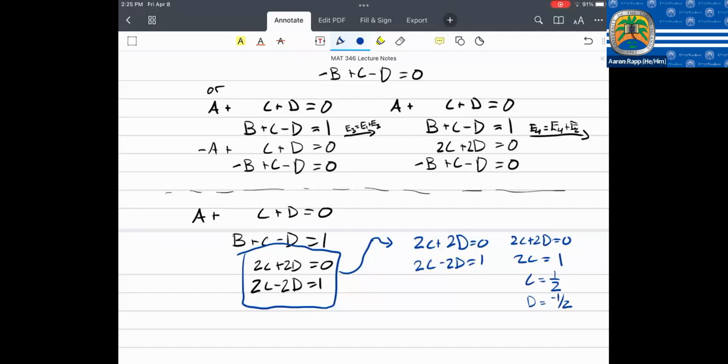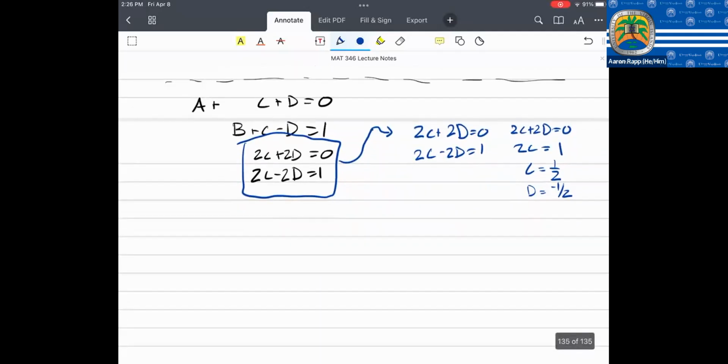But hey, go back to that original set of 4 equations, 4 unknowns. Once I know C and D, what is the next variable that I also get? A, and also what? B. So C is equal to 1/2. D is equal to -1/2.